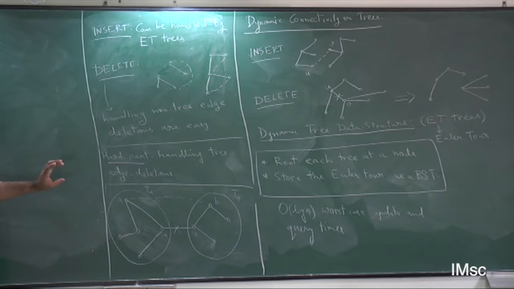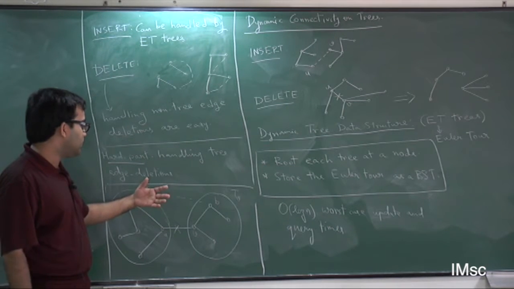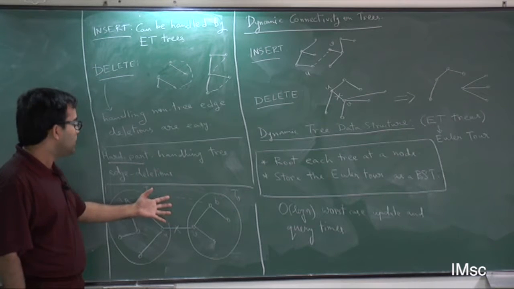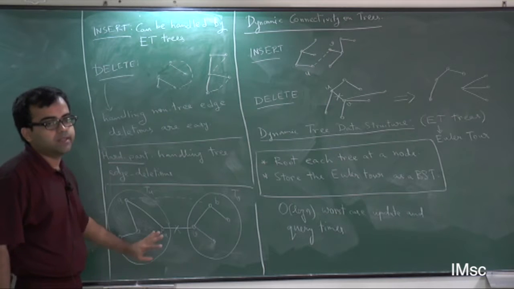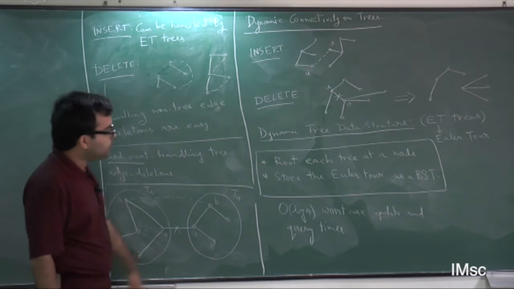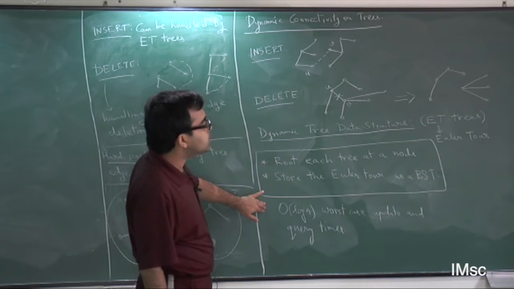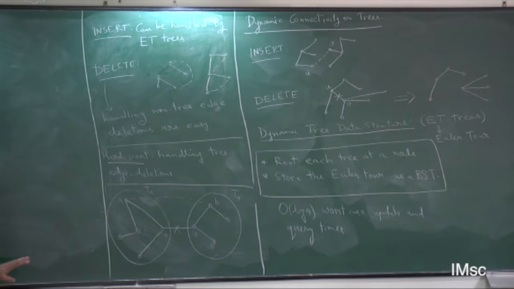So, as you can see, at least one half of the job would be to check if there is a non-tree edge incident upon somewhere in TU, not necessarily crossing. Okay. And we need to augment the ET tree data structure to handle this operation as well. So, what will be the operation that we need to handle?